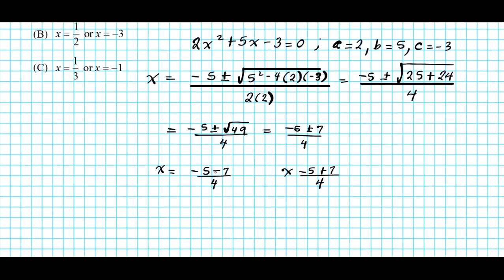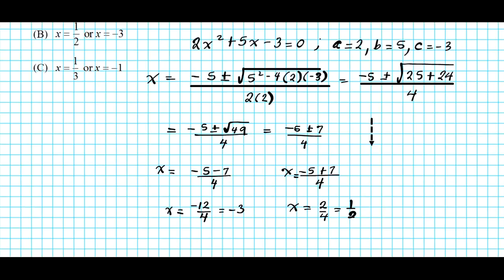On the left side, negative 5 minus 7, that's negative 12, divided by 4. Negative 12 divided by 4 is going to be negative 3. Negative 5 plus 7, we're going to subtract there. That gives us 2 over 4, which is 1/2.